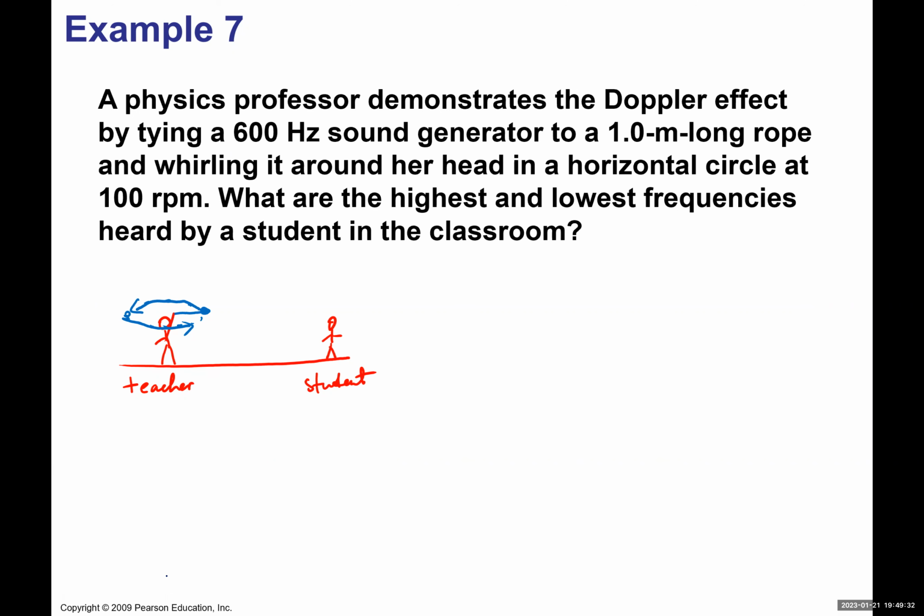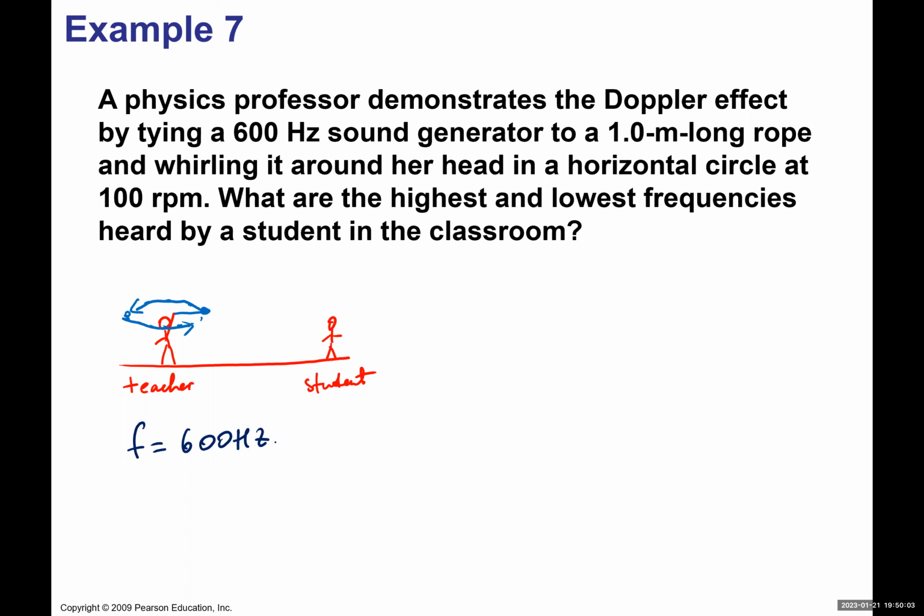So we are given the original frequency of the generator, which is 600 hertz. But we're not really given the speed at which it's going around. But we are given the length of the rope, and we're given 100 RPM, which is technically the angular velocity. Hopefully you remember how to relate tangential speed to angular velocity.